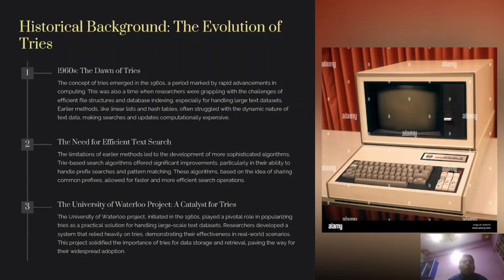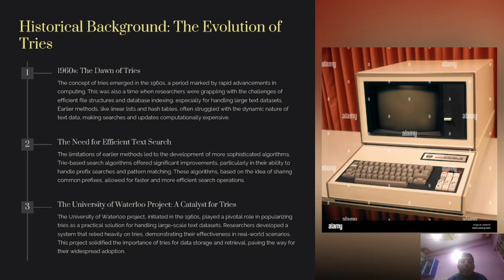Historical background: the evolution of tries. Tries have been around since the 1960s, emerging during the time when computer scientists were searching for a better method to handle large data sets. Early techniques like linear lists and hash tables struggled with dynamic data and fast searches.